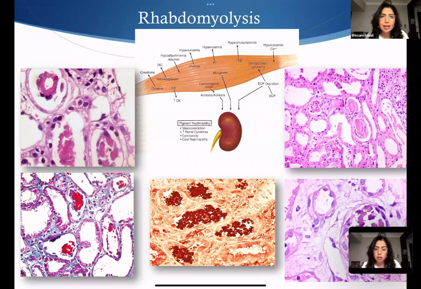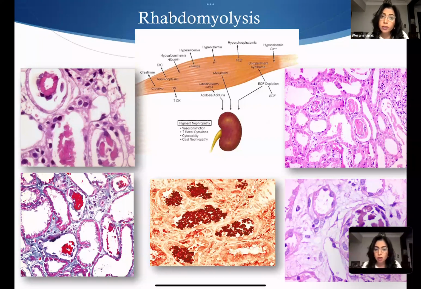Early on, they can look exactly like light chain cast nephropathy, and light chain cast nephropathy also mimics rhabdomyolysis. So it is an important distinction to make, because you could have quite an overlap morphologically, and of course, staining for light chains or staining for myoglobin in this scenario will help you to recognize which type of casts we have.